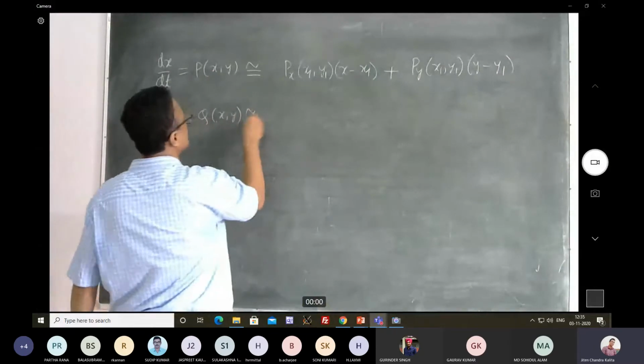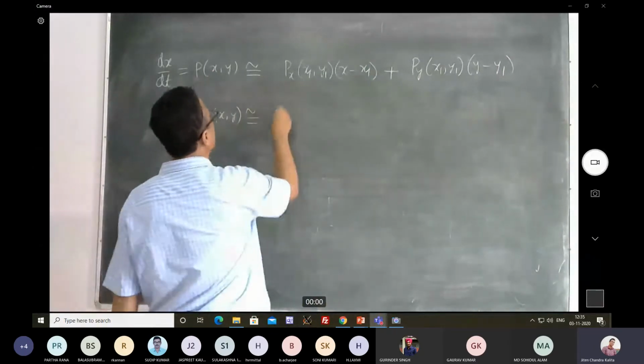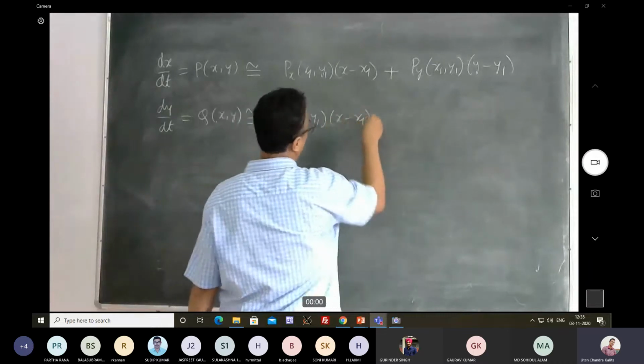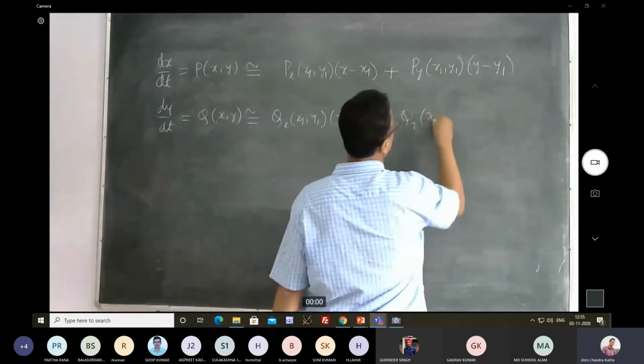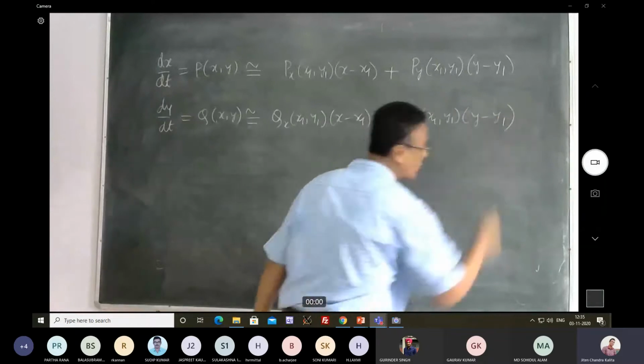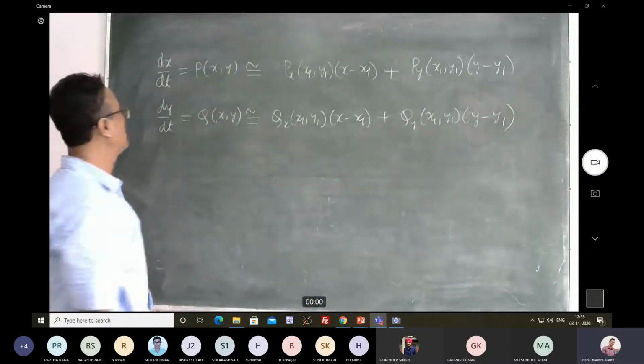That is why I can straightforwardly write this. And similarly, this is q_x(x1, y1)(x minus x1) plus q_y(x1, y1)(y minus y1). Fine? Okay.